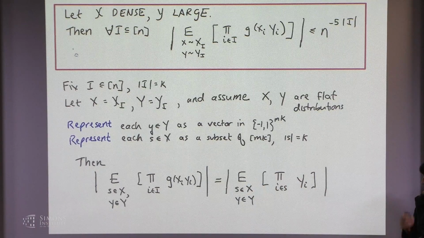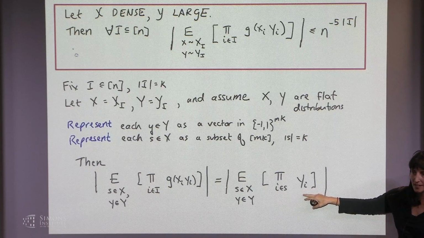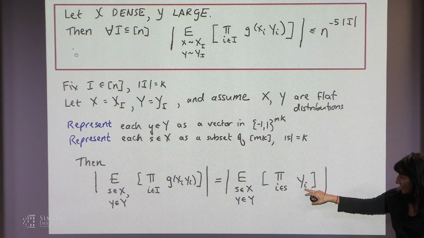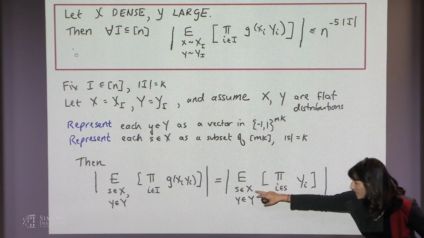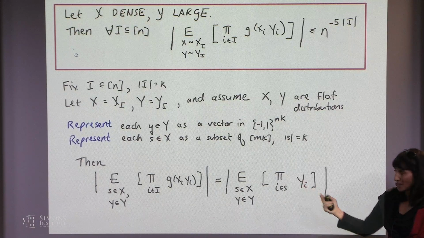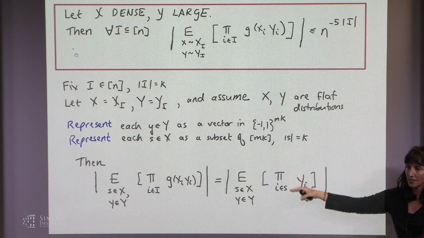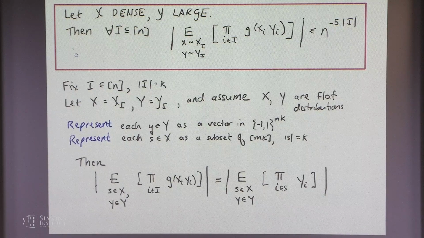Think of S as a subset: for each of the blocks, you pick one place, so that's a subset of size I. Then y sub I would be the value of the gadget on each of those places. This is the z value. Yes, so I'm looking at the parity of the z value, and I want to say that the expected parity of the z value is half the time 0 and half the time 1.